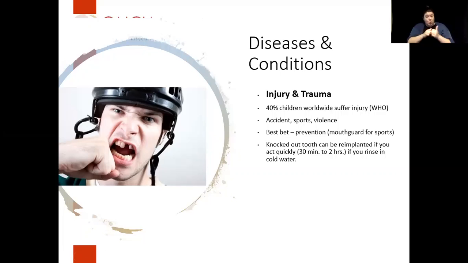The best way to prevent it is to use a mouth guard if you're participating in sports, things like skateboarding and skiing and all that other fun stuff. But if you knock out a tooth, it can be reimplanted if you act quickly. Within 30 minutes to 2 hours, put it in cold water and rush the kid to the dentist or to the hospital, and they can implant it, and it heals just like a normal tooth.